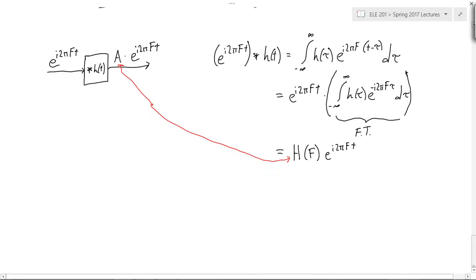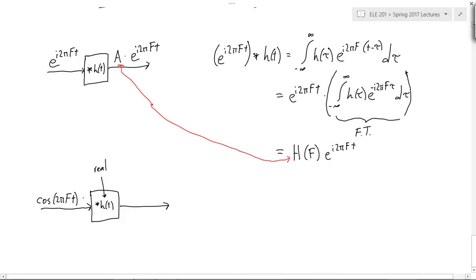That's great. Now, in your problem set, you did this for real signals. Forget about these complex exponentials. Let's say I live in a simple world, the real world, where everything is real. Let's assume that h of t is real, because it's a real system, and let's put in a real sinusoid, cosine of 2 pi F t.